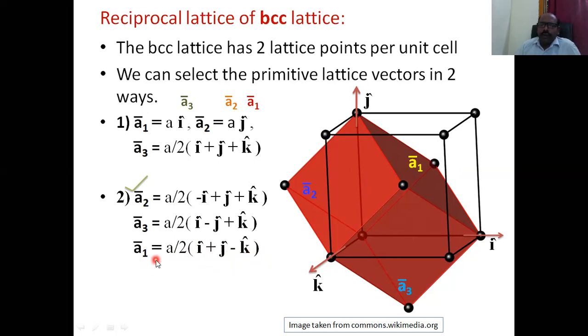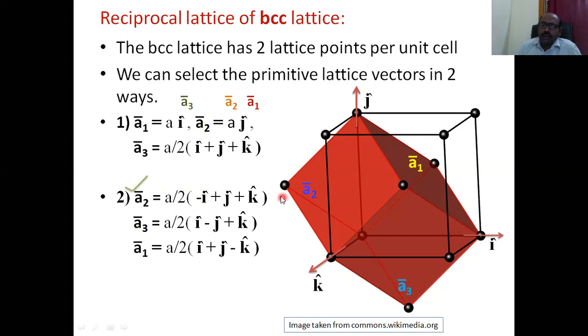So that is the a1 vector, and now the a2 vector. a2 is on the left side of our cube, and the positive x-axis is opposite to this, so it is the negative x-axis. Therefore for the a2 component we have minus a by 2 i cap, and it is at half the distance along the y-axis and z-axis.